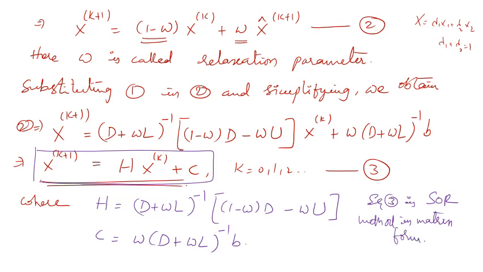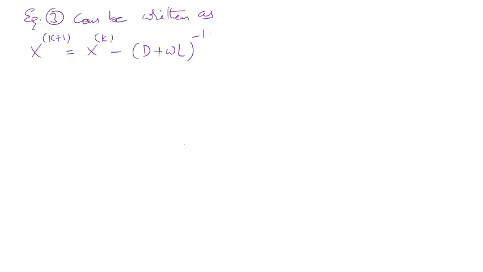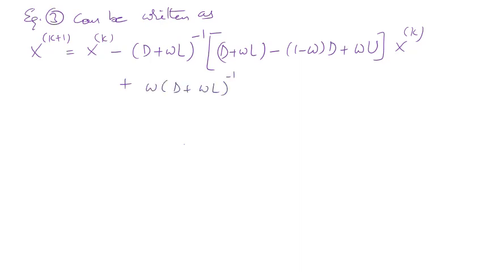Now let us see the error form. Equation 3 can be written as x k plus 1 equal to x k, adding and subtracting x k like in the previous method. Then (D plus omega L), you have to add and subtract x k and take common, (D plus omega L) whole inverse, like in the Gauss-Seidel method, (D plus omega L) minus ((1 minus omega) D plus omega U), this whole x k, plus omega into (D plus omega L) inverse b.